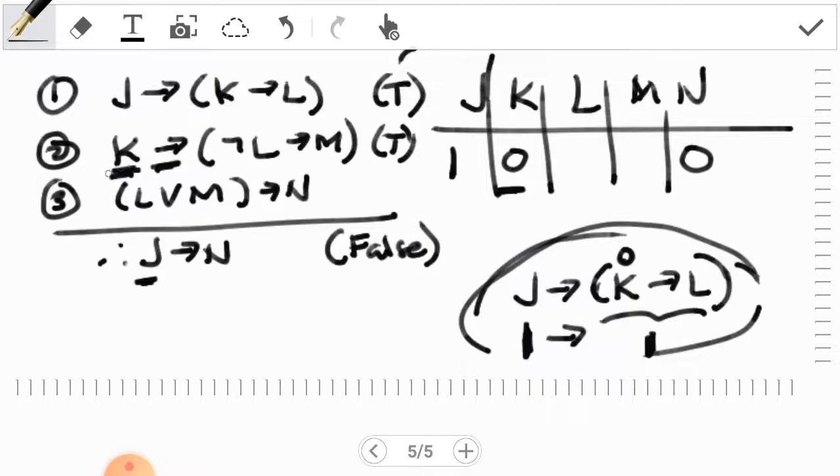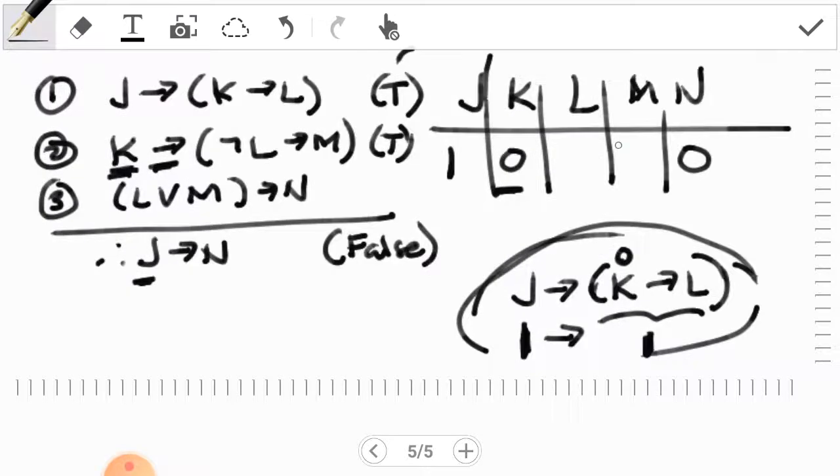We're done. The second premise will definitely be true regardless of the value of L and M. Because this is an implication, K is false, then this entire proposition is true. So regardless of the value of L and M, the second proposition is true.